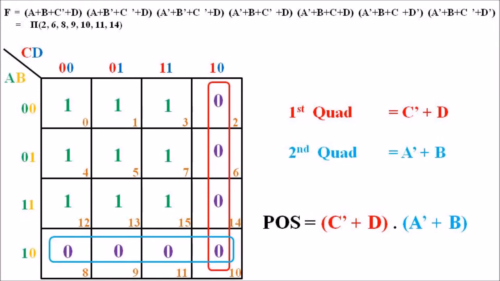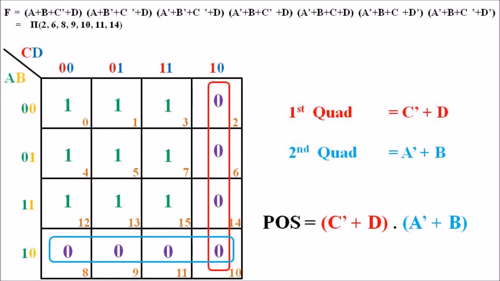So my dear students, the given function can be represented in max term as pi of 2, 6, 8, 9, 10, 11, 14, and it can be reduced to POS as (C bar plus D) into (A bar plus B). While analyzing this particular function, we can see four independent variables, and the final product has two terms, and each of these terms has different variables which are summed.